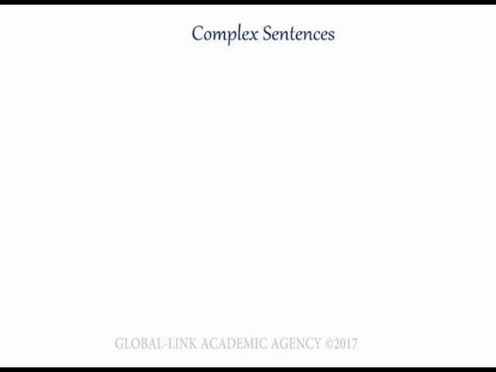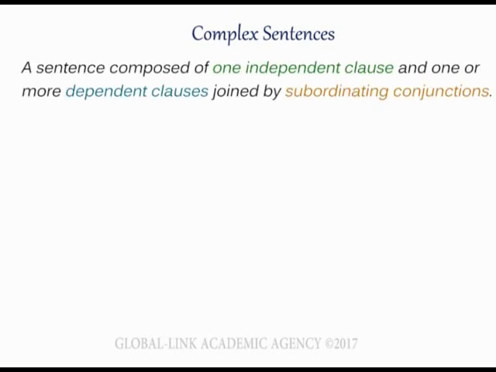Complex sentence. A complex sentence is composed of one independent clause and one or more dependent clauses joined by subordinating conjunctions. Some of the subordinating conjunctions that we have in English are because, since, after, although, unless, if, or when.